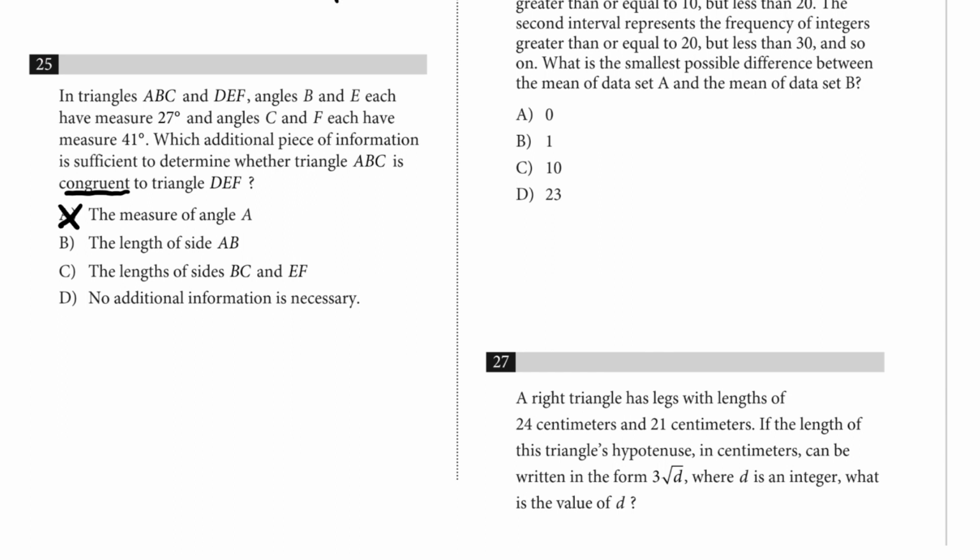We can already figure that out. The length of A to B doesn't matter. We want to know that it's the same as D to E. The measure of the length of sides BC and EF. BC and EF do correspond with each other, and that is going to be the answer.